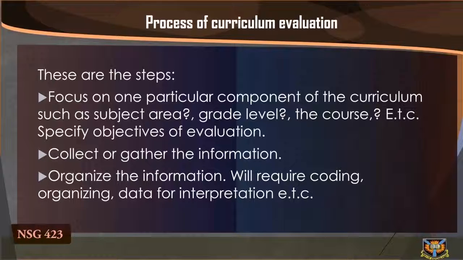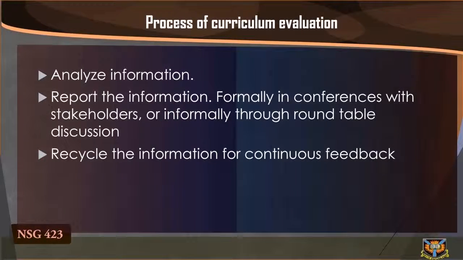Specify objective of evaluation. Collect or gather the information. Information is made up of data needed regarding the object of evaluation. Organize the information. This step will require coding, organizing, storing and retrieving data for interpretation. Analyze information. An appropriate way of analyzing will be utilized.